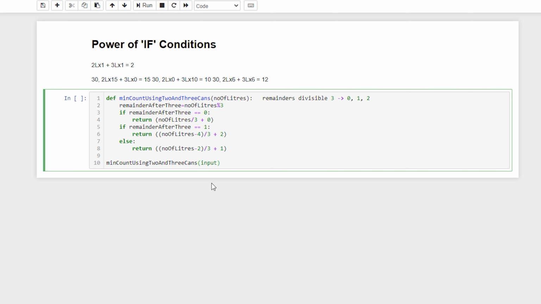When you are getting an input, you ask for what purpose you are getting it. Enter the number of liters you want to measure using 2 liter and 3 liter cans. Okay, so this is the answer you are expecting.